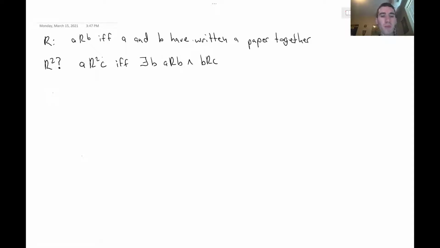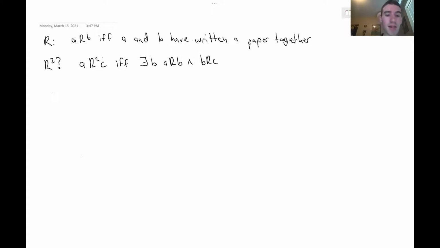But what if we find someone who's never written any papers? They couldn't possibly relate to anyone using R, and that means they can't relate to anyone, including themselves, using R squared.